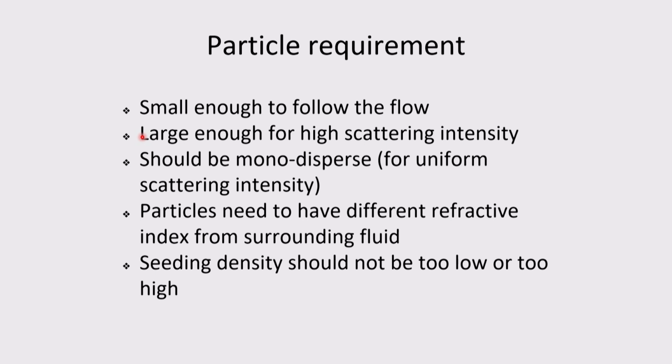But if it is too small, remember Mie scattering. If the particles are below the wavelength of light, they go into the Rayleigh scattering regime. Rayleigh scattering is very weak compared to Mie scattering, almost a couple of orders of magnitude weaker. Mie scattering is very strong.